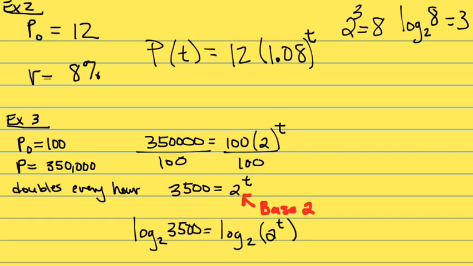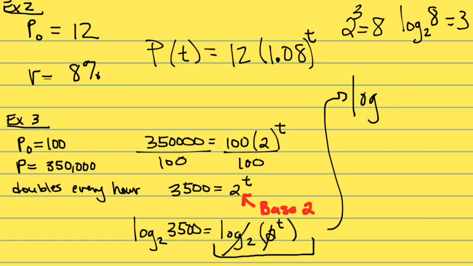There's a real important rule that I have to remember here. If the base of my log is 2 and the base of my exponent is also 2, what happens? They cancel out, and so that becomes log base 2 of 3,500 equals just t.